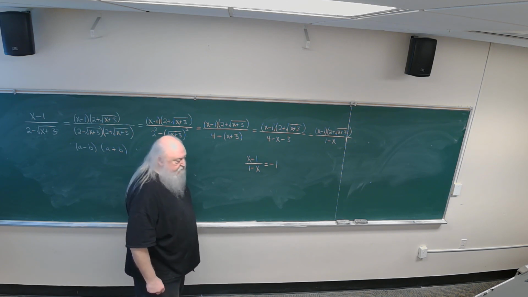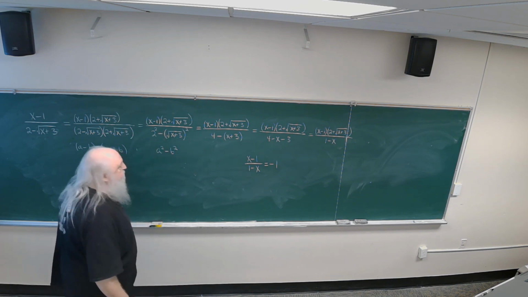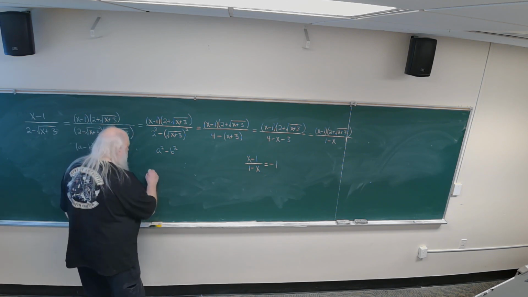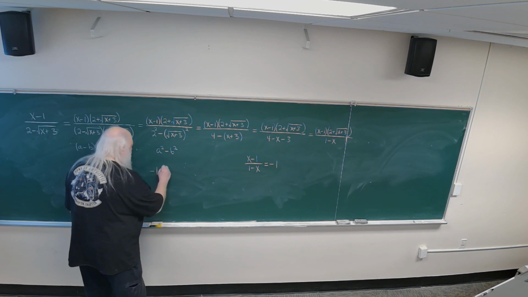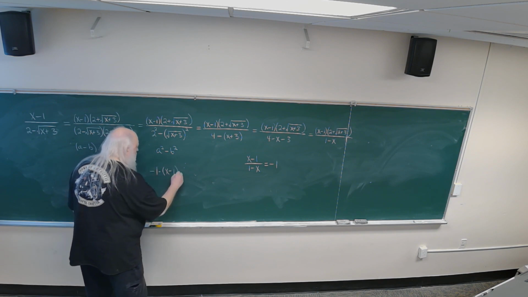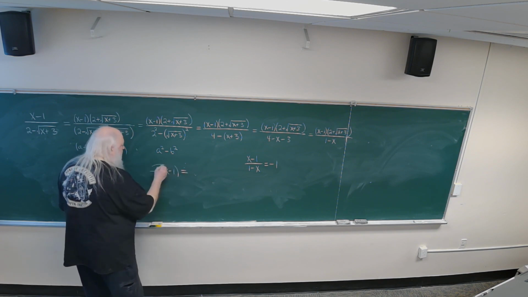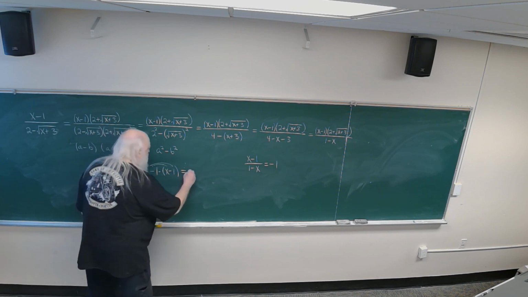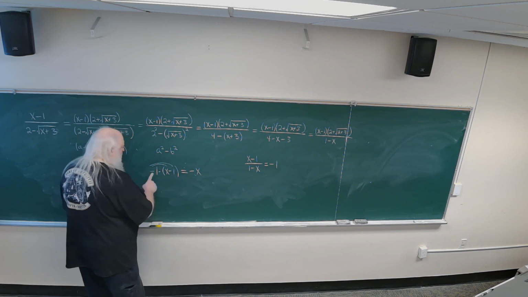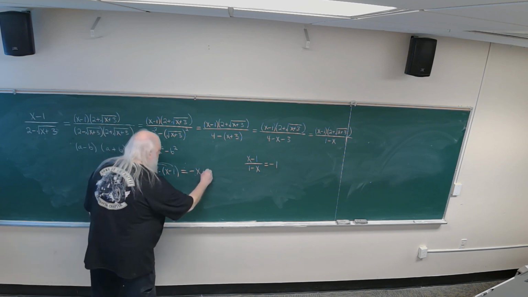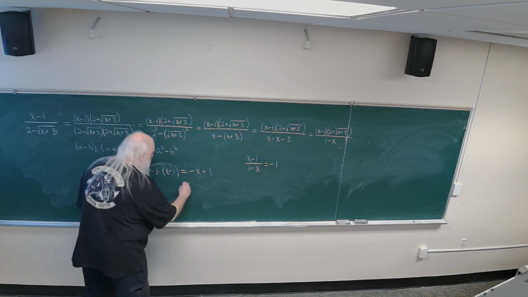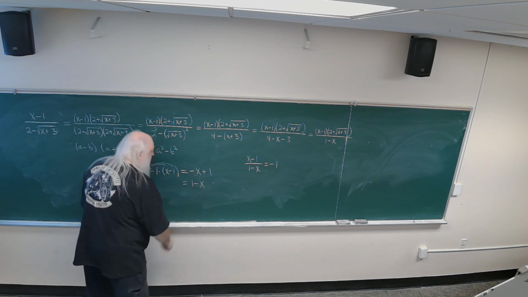So let's prove that. Minus 1 times x minus 1: when you distribute the minus 1 inside the parentheses, minus 1 times x is minus x, and minus 1 times minus 1 is plus 1, and minus x plus 1 is the same as 1 minus x.